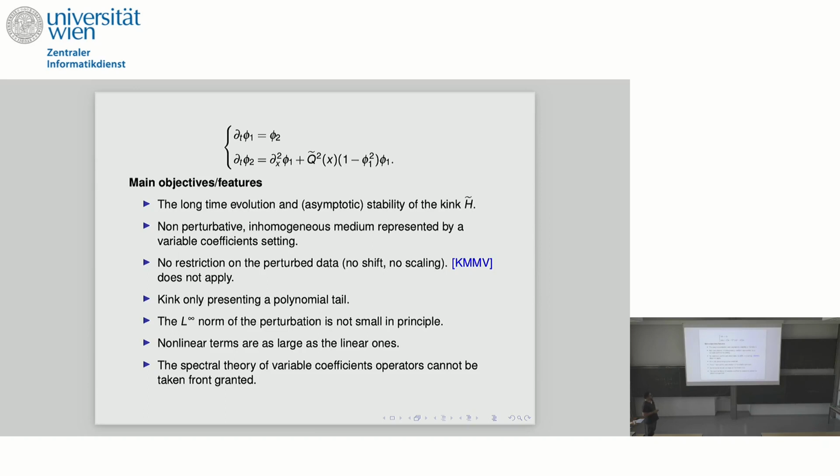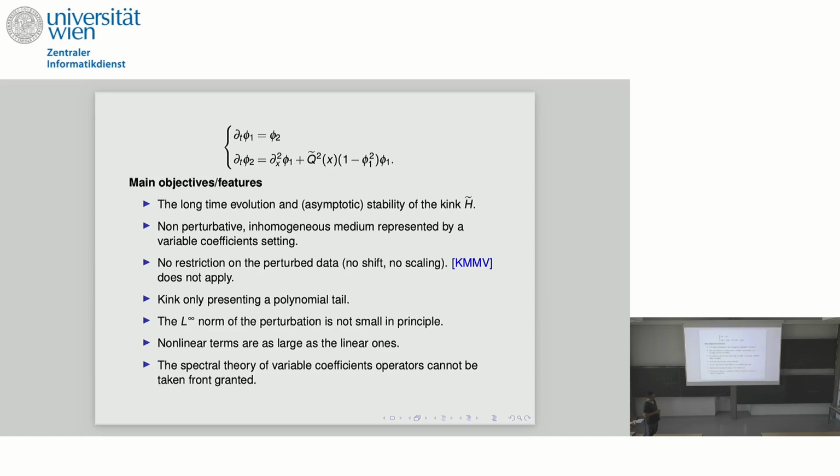Unfortunately, our paper with Kowalski, Martel, and Van den Bosch is a general paper, but it does not apply to this setting. We don't have shift, we don't have scaling or Lorentz transformation, right? So it's a different setting. The kink H tilde has a polynomial tail.